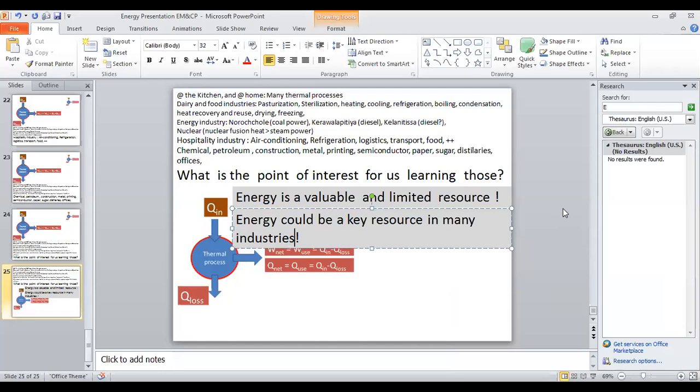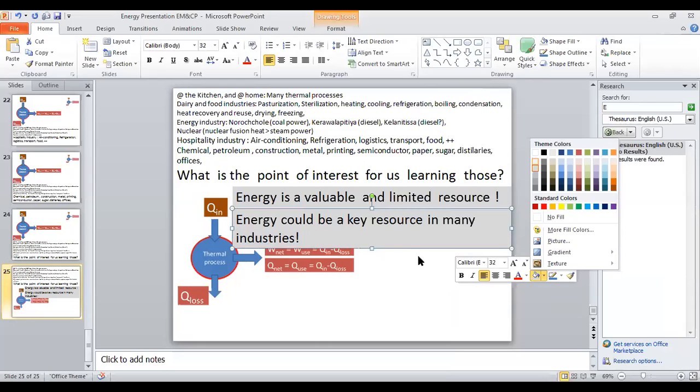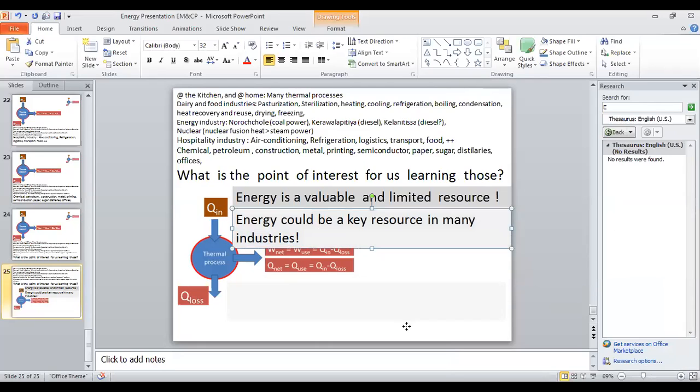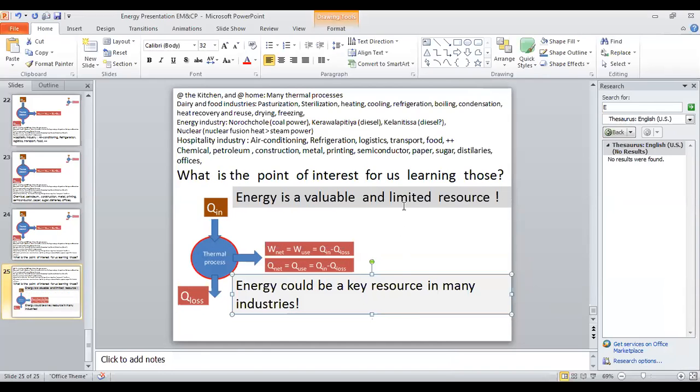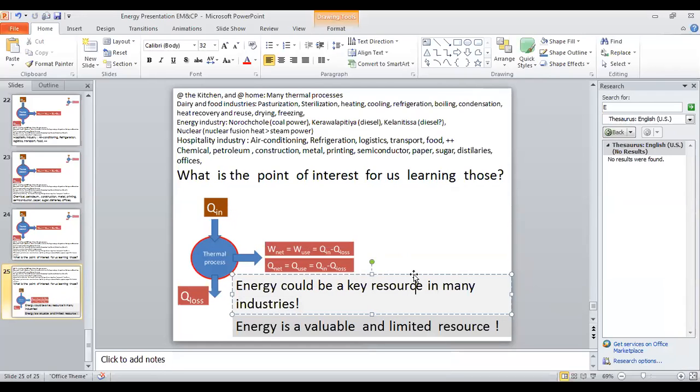That is the reason. Energy could be a key resource in many industries. That is unbelievable. So that is the point.